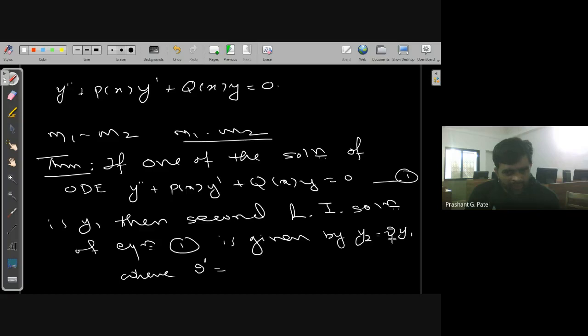This value of v can be calculated by integrating v dash, because v dash is the differentiation of v, and v dash equals 1 upon y1 square into e power minus integral of p dx, which is a non-constant function.